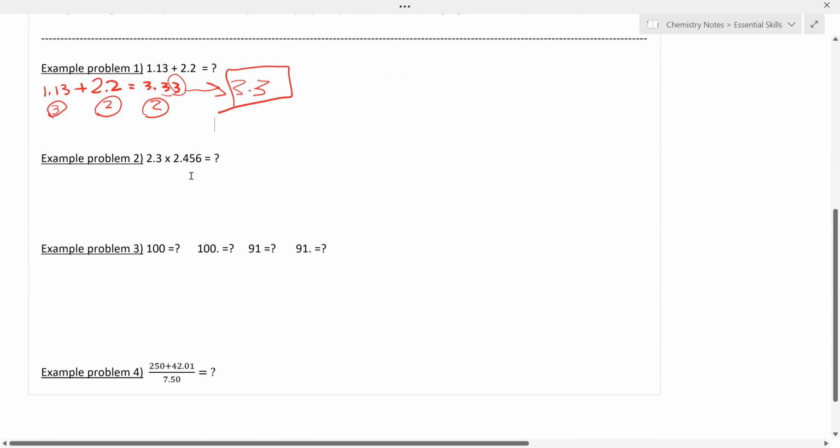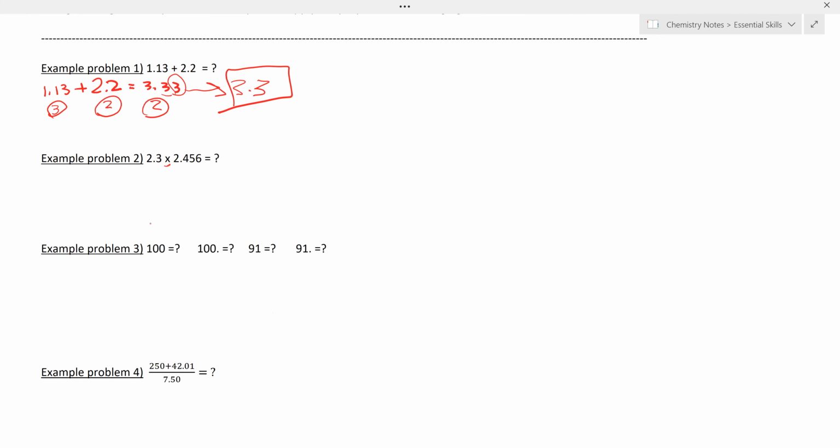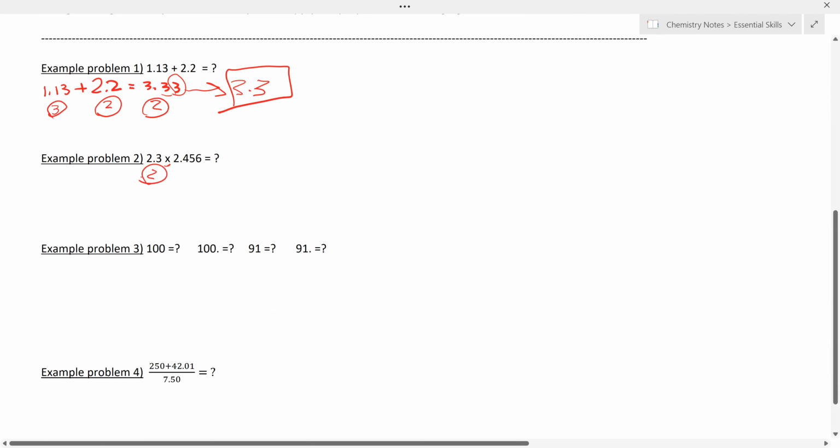Now we have this one. We have 2.3 times 2.456. And this time we'll do it how you're kind of supposed to do it. So we're multiplying here. Because of that, we know that it's just based on which number has the least number of sig figs overall. This number has 2. This number has 4. So we know that this one right here is what we're going to go with.